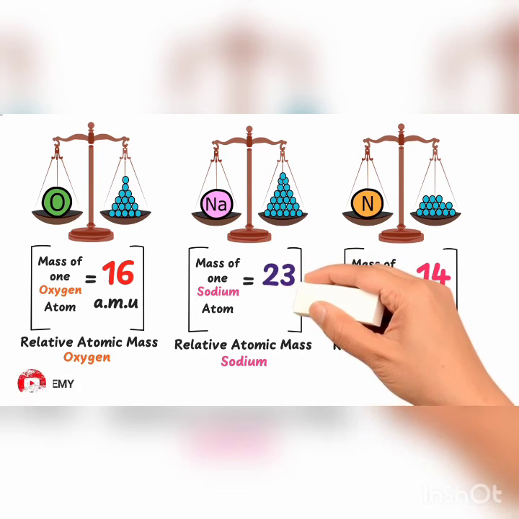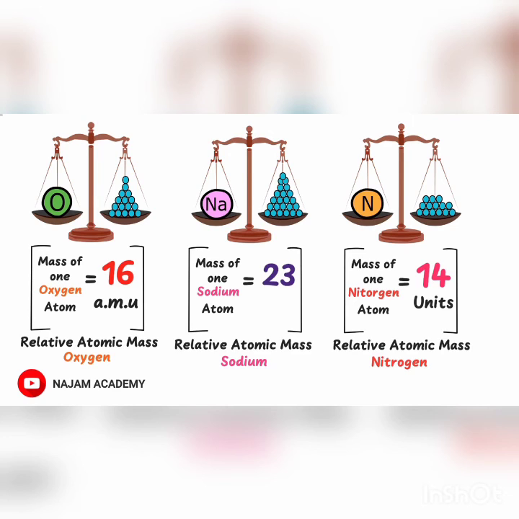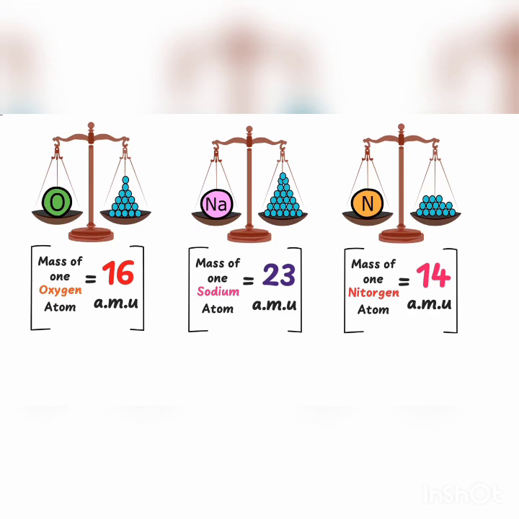Similarly, the relative mass of 1 sodium atom is equal to 23 AMU or 23 atomic mass unit. Like that, we can write the mass of 1 nitrogen atom is equal to 14 atomic mass unit.